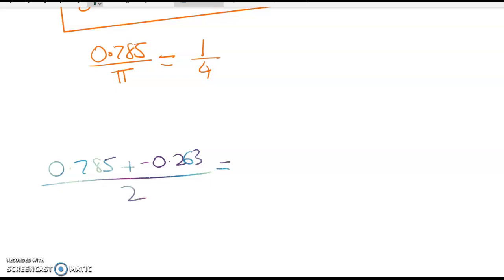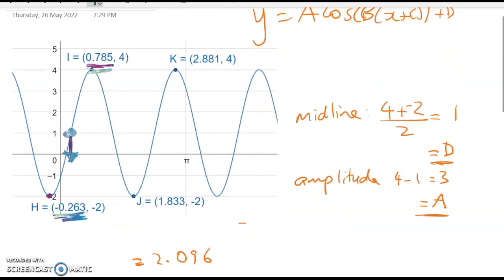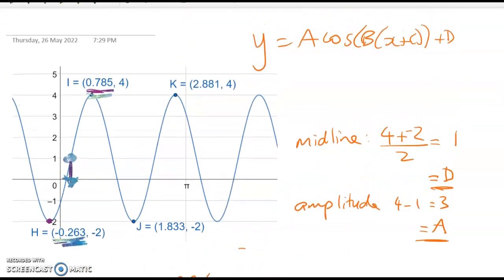And that works out to be, I think, hang on, 0.261. Right, and if we're looking at that, we get 0.261 divided by pi is equal to 1/12. So my horizontal shift in there, and you can see that that looks about right, is going to be very small.